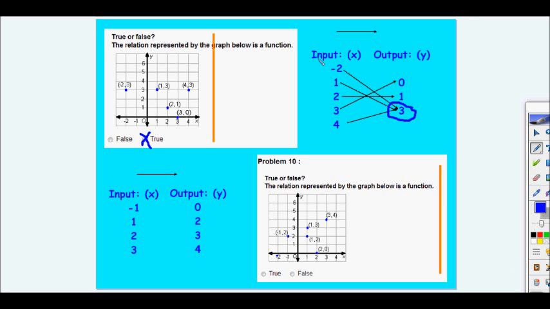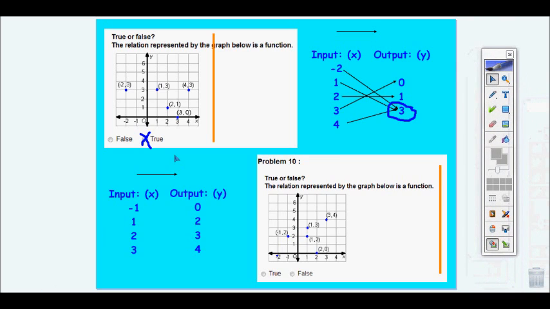In problem number 10, let's do the input-output or the mapping diagram first. If I look for -1, here's -1. -1 is going to 2.